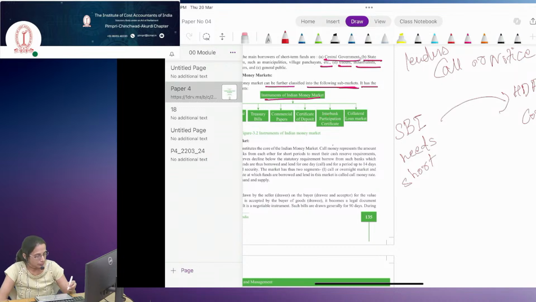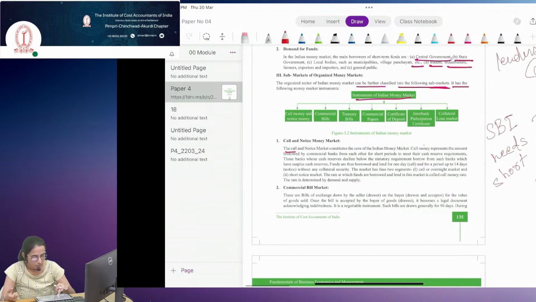And this bank provides the loan. So, when one commercial bank approaches another commercial bank for a short-term requirement of funds, that is called the call or notice money market. Okay.